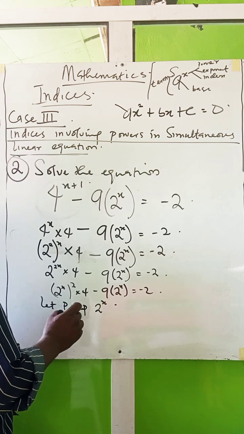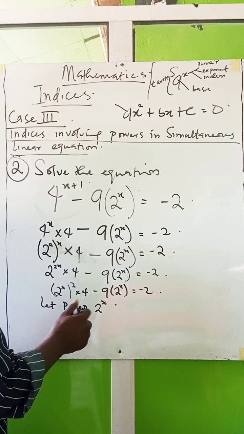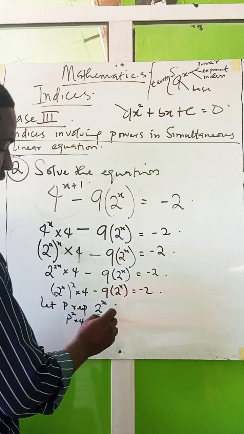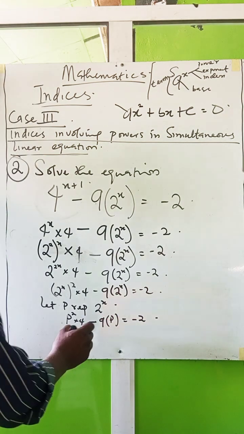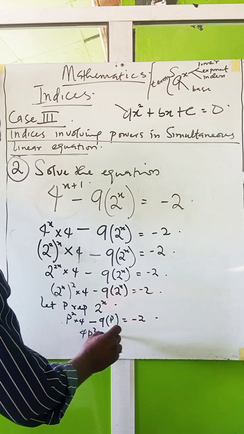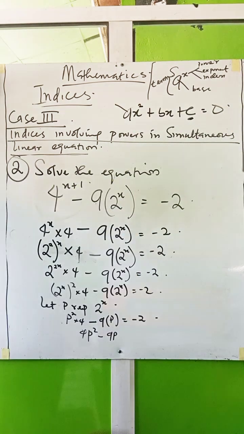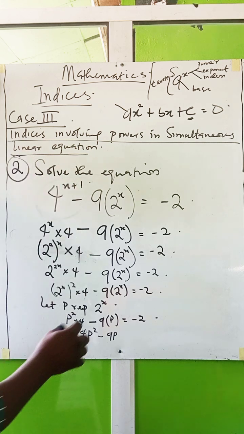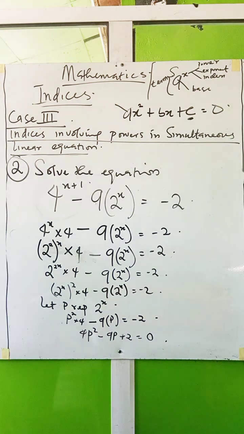That gives us P squared times 4 minus 9p equals minus 2. So this is 4p squared minus 9p. Bring this 2 in, that's our constant, for it to take the exact form of a quadratic equation: plus 2 equals 0.